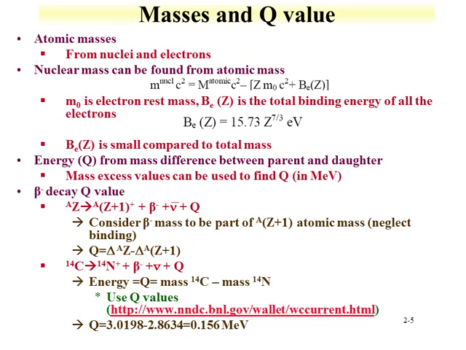Carbon-14 decays by beta to nitrogen-14, with emission of a beta particle, an antineutrino, and Q. The energy is just equal to the mass of carbon-14 minus the mass of nitrogen-14, or the mass excess of carbon-14 minus the mass excess of nitrogen-14. I'm going to look at the Q values, and here's the URL where I grab these Q values from, and I get a beta decay Q value of about 1.5 MeV.